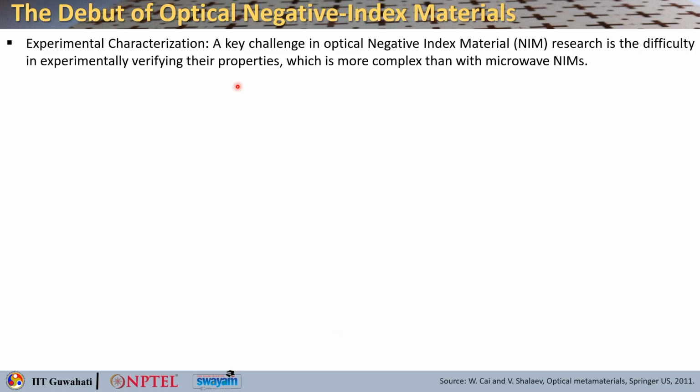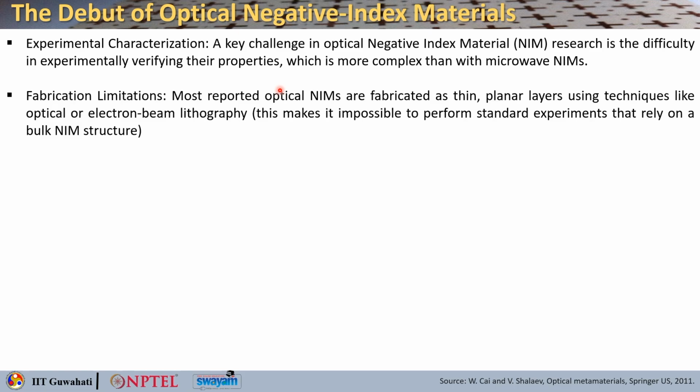Okay. So, if you look from the experimental characterization aspect, a key challenge in optical negative index material research is basically the difficulty in experimentally verifying their properties, which is way more complex than with the microwave NIMs.